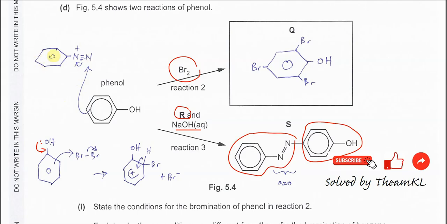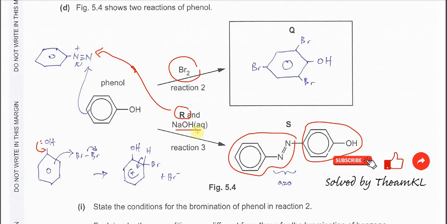This one, the benzene ring with these two nitrogens. This nitrogen is charged positive. So the phenol will donate electrons to this nitrogen, and eventually this azo link is formed. So now we know that the R is actually this benzene diazonium ion.